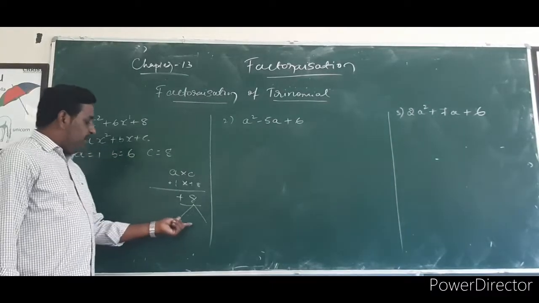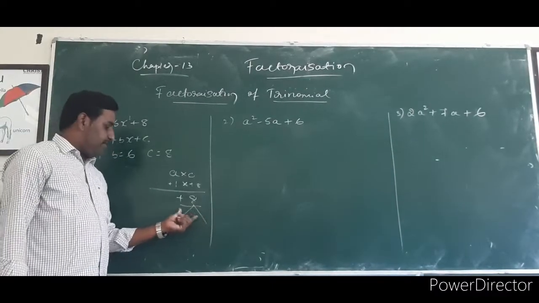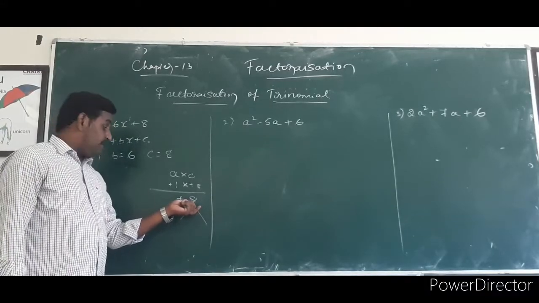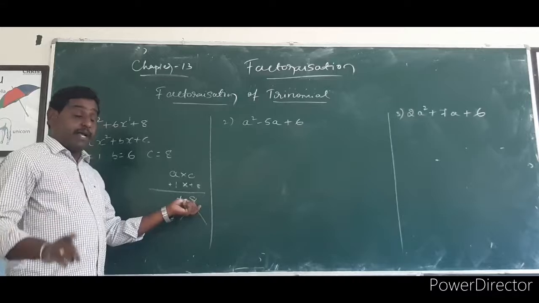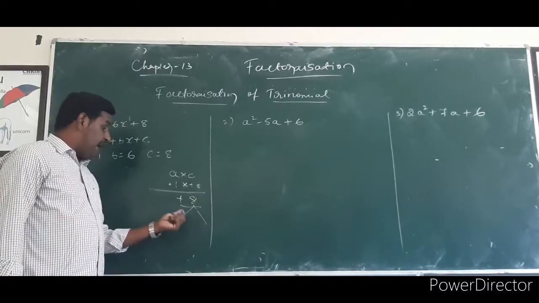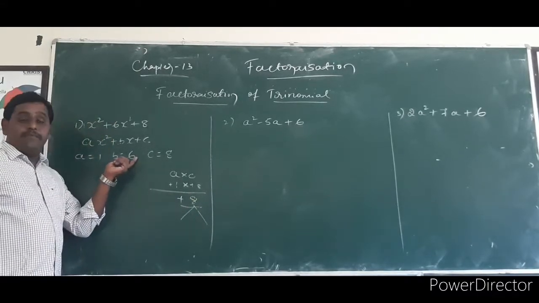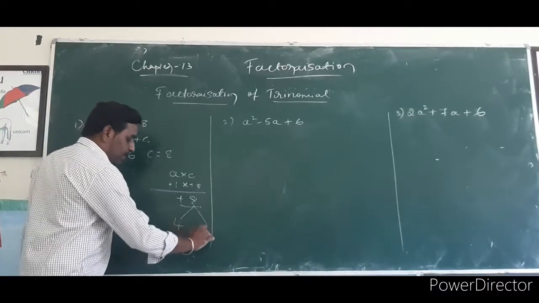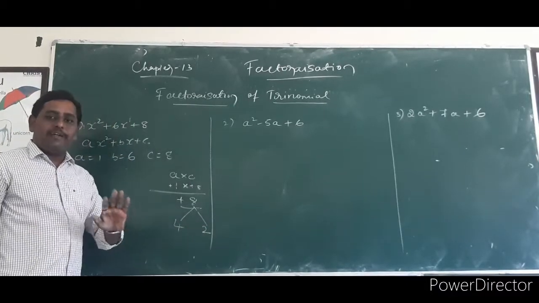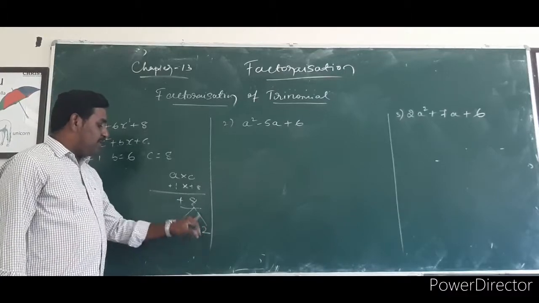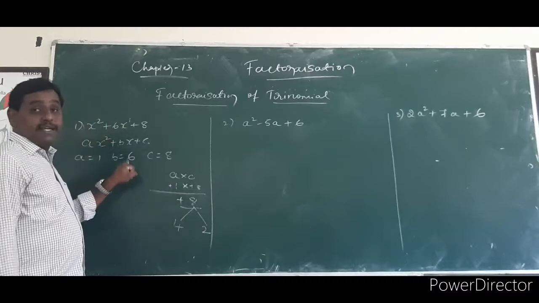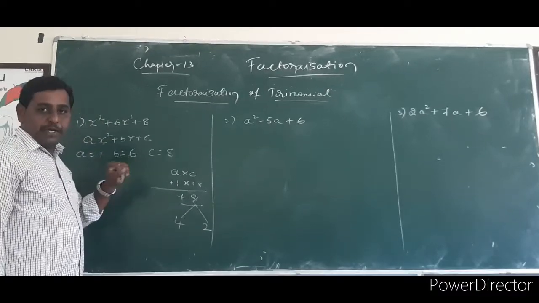If you multiply the two numbers, you will get plus 8, but if you add the same numbers, the sum must be equal to 6. Suppose I take 4 and 2. 4 twos are 8. If I add 4 plus 2, what will you get? 6. I hope you understand.